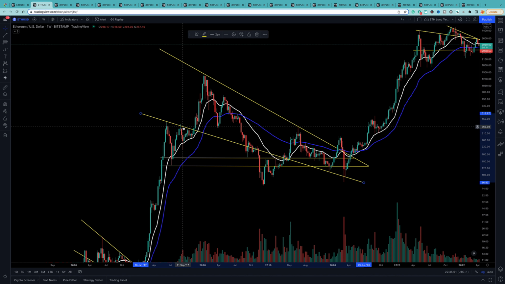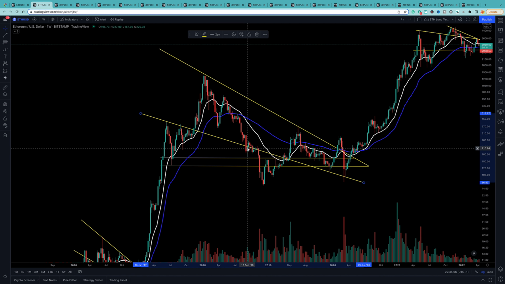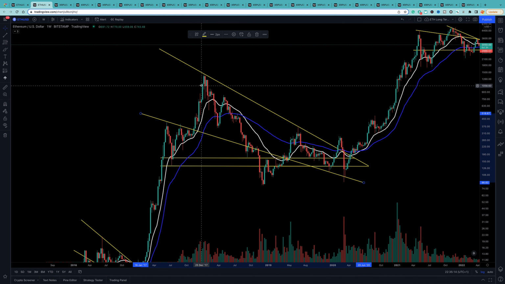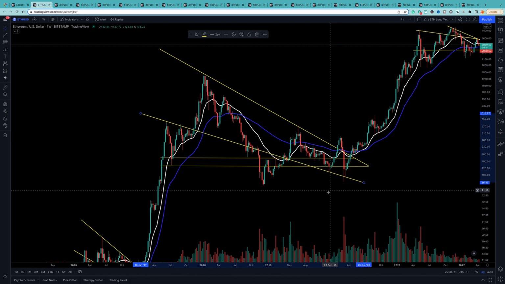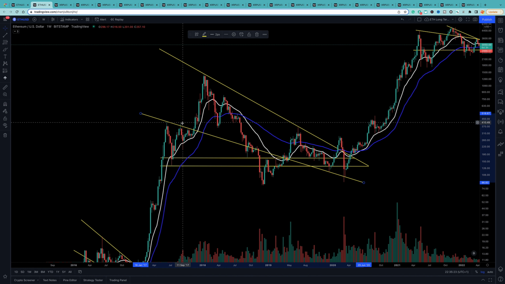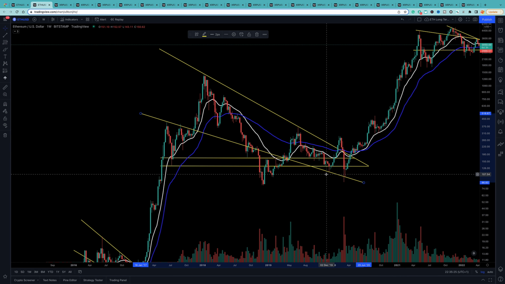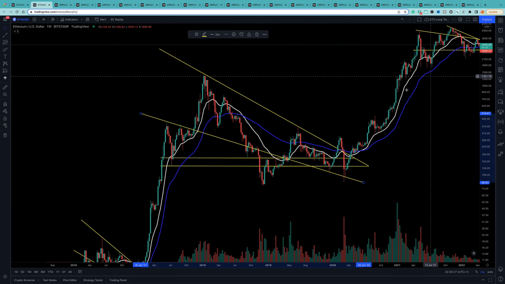It looks resistance, resistance, resistance, a little bit of support, resistance, support, resistance, support, support, and support. So there we go. 1, 2, 3, 4, 5, 6, 7, and up we go.